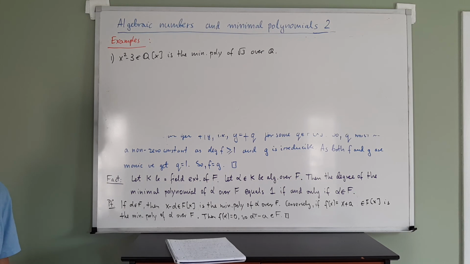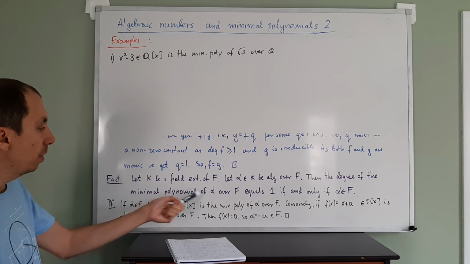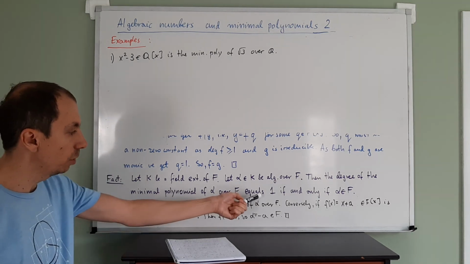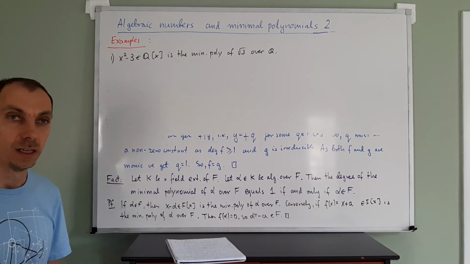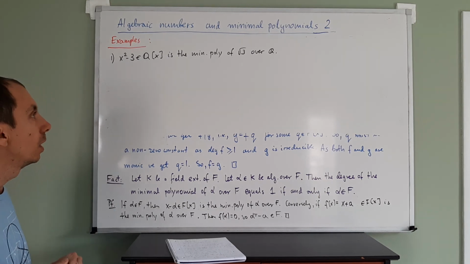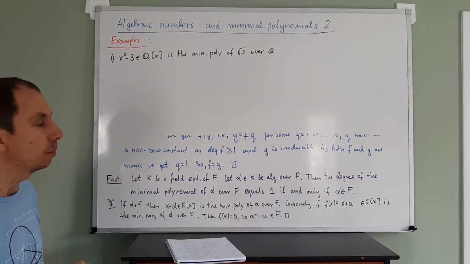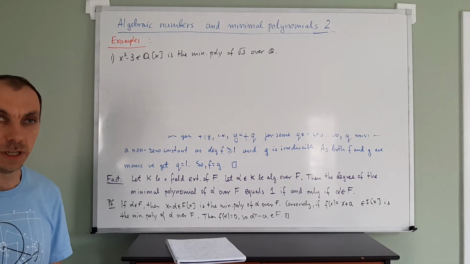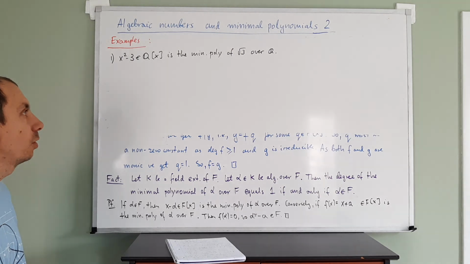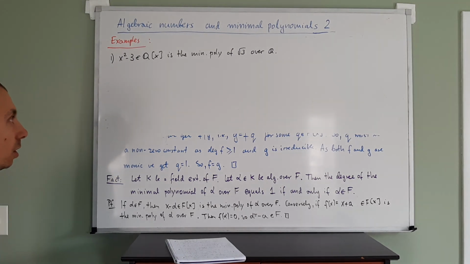Well, the only smaller possible degree would be degree 1. However, the minimal polynomial of radical 3 over Q has degree 1 if and only if radical 3 is in Q. And we know by video number 3 that 3 is a square free rational number, so radical 3 is not in Q.